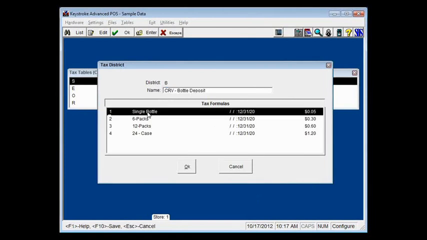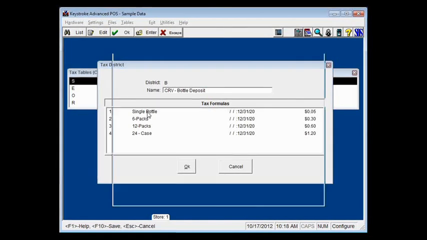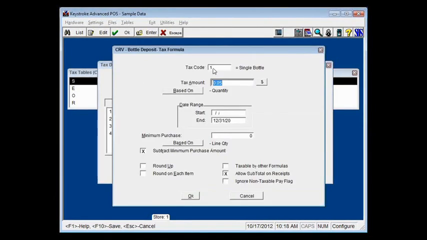And this is where we're taxing for a dollar amount rather than a percentage. Notice for a single bottle, basically an item with a tax code of 1, you're going to get a 5-cent tax based on the quantity. So if someone purchases 3 single bottles, they're going to get 15 cents.